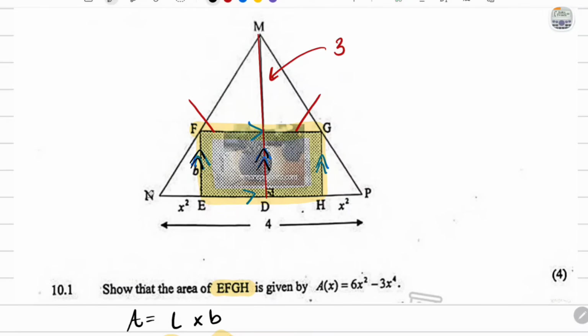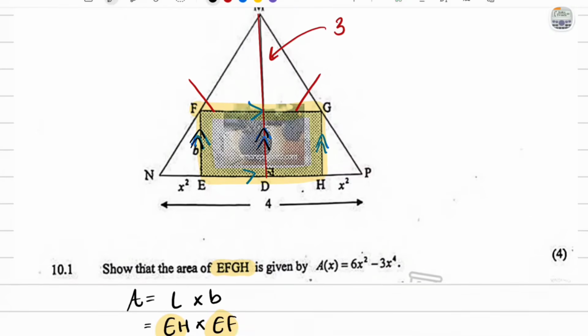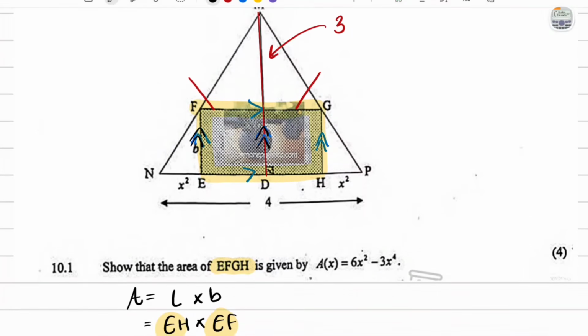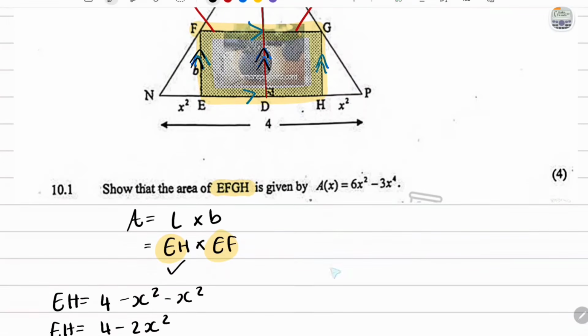Look at these two triangles, NEF and NDM. Those two triangles will be similar. You would know this from the similarity proof. I also have a video on that. So I'm not going to have to prove anything. This is not Euclid. So I'm just going to write this down to help me find my proportions. I'm going to say that triangle NEF is similar to triangle NDM.